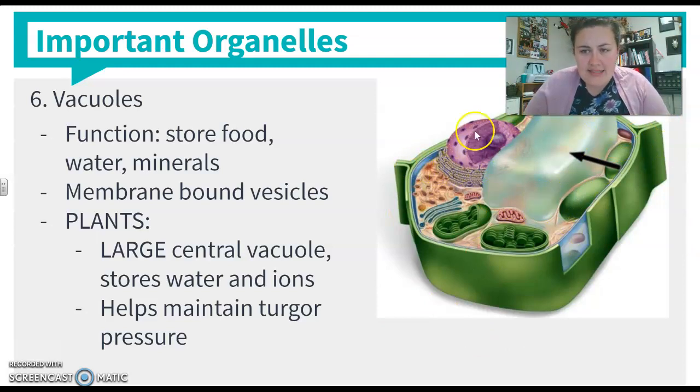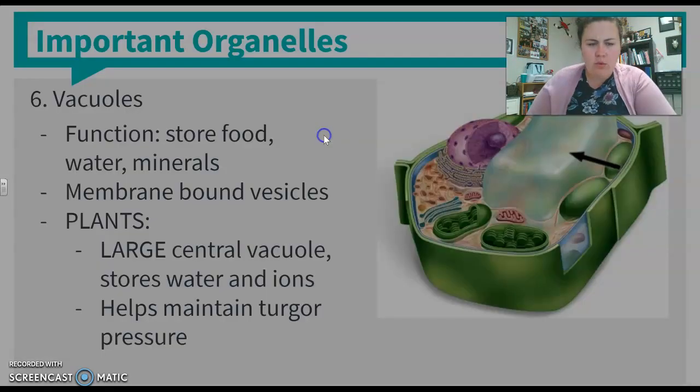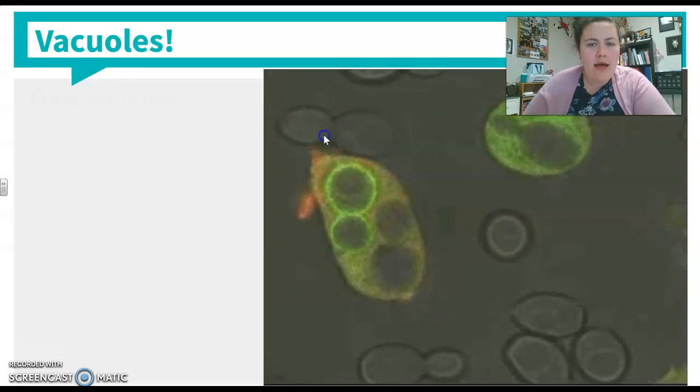So it has a cell wall, and it has this big water-filled bag on the inside that pushes out against that cell wall and makes it really rigid. That's what helps plants stand up. When you don't water them, they start to fall over, and it's because at that bend, the turgor pressure is too low, and so the cell wall is kind of sagging in on itself. We'll talk some more about that next week.